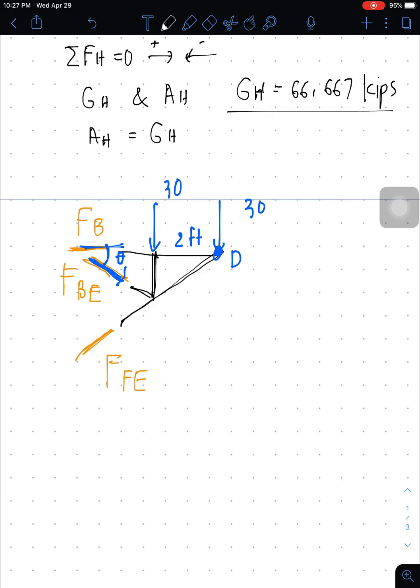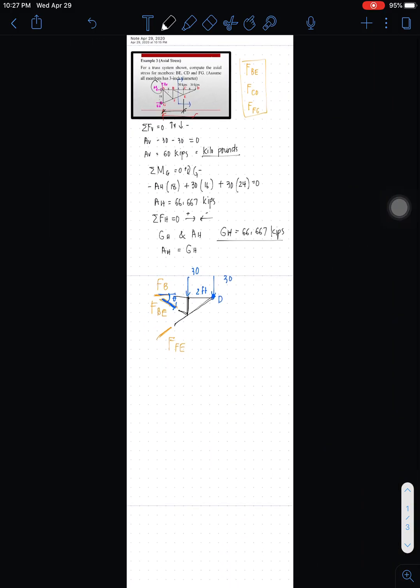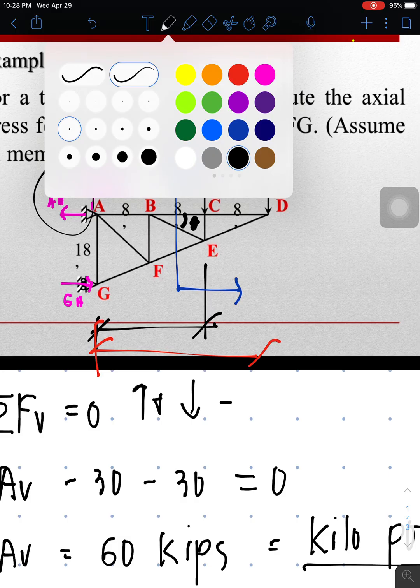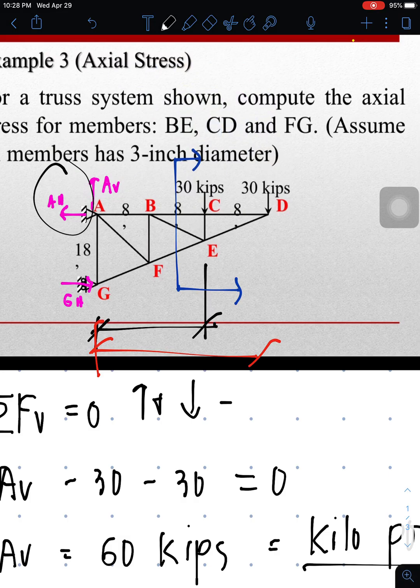Solving for theta, it's going to be here. This one is theta. So this is theta, and then also this is theta.